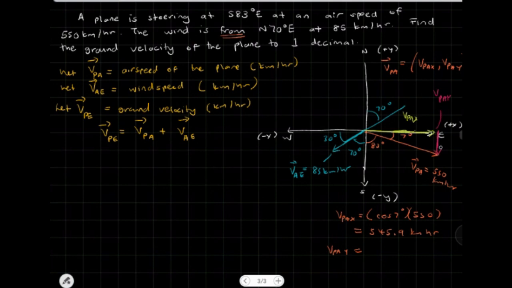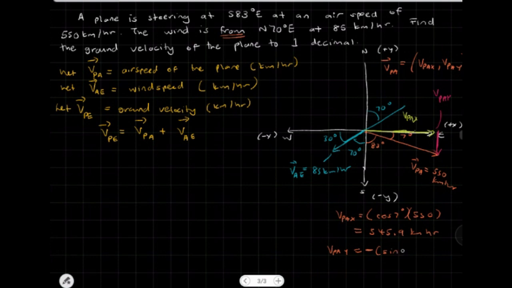Okay, and I'm going to also figure out the y component of the airspeed vector. So the y component I'm going to be using sine. We can notice that the y component vector is going down, right? So there's going to be a negative sign in front of it to denote that we are going south. So the y component of this vector is going south.